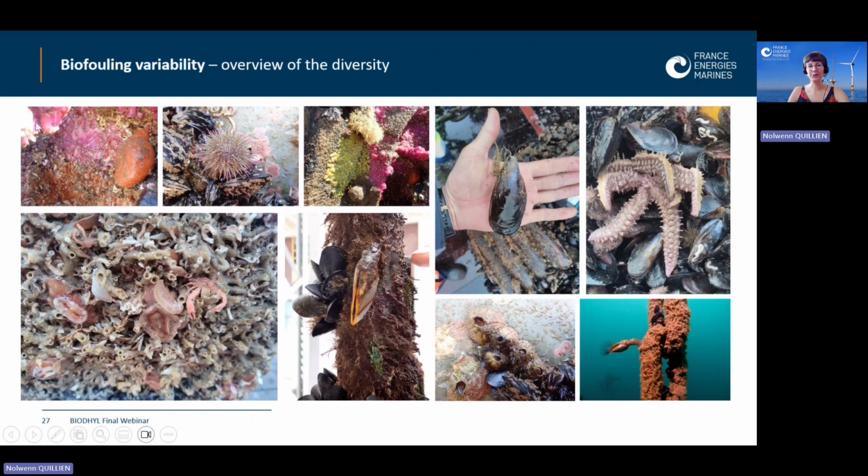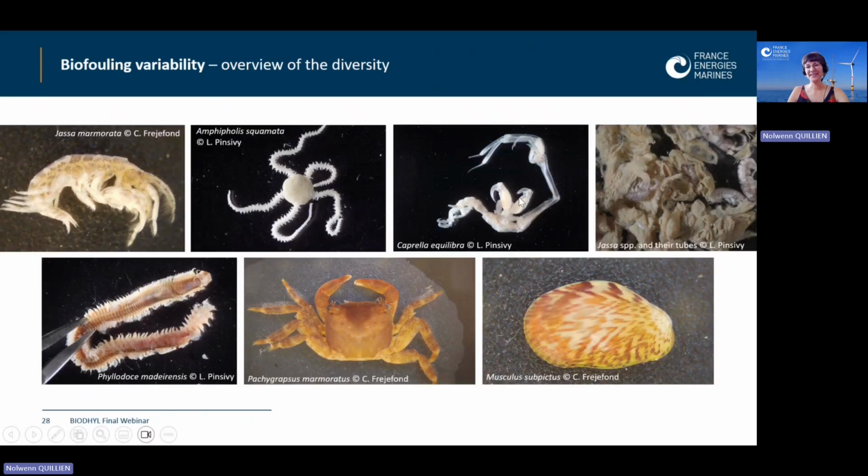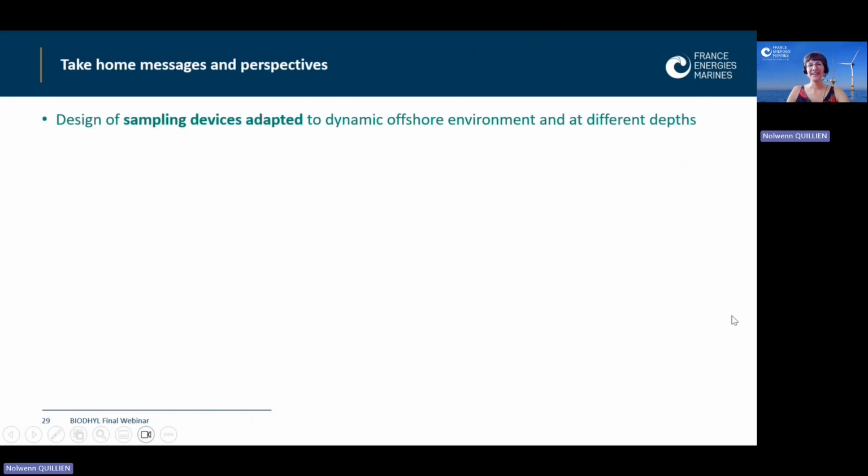So just for the pleasure, some pictures of the different organisms that we encountered in the field and in the lab.